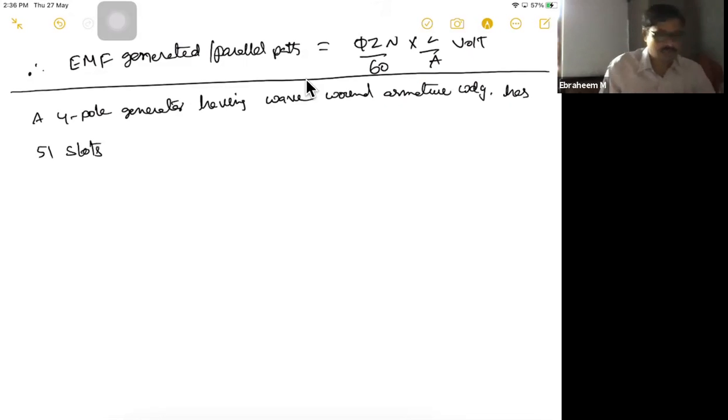Total slots in the armature are 51, and each slot contains 20 conductors.